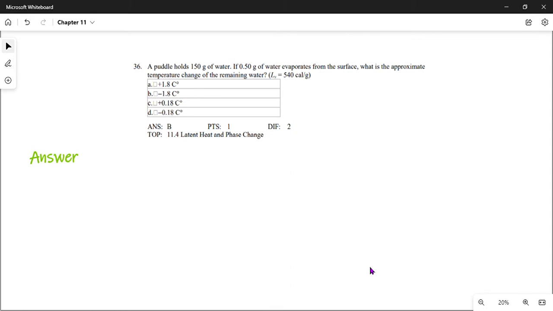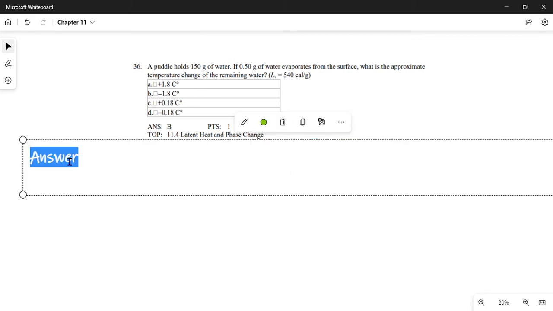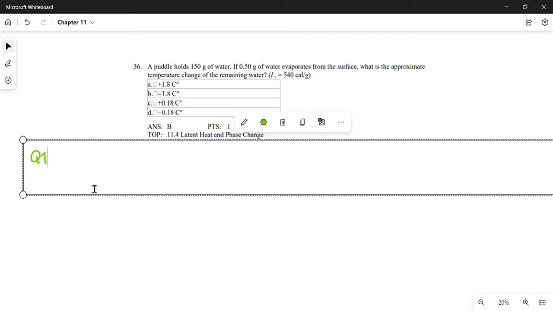Question number 36. Q1 here, which is the energy that is required to evaporate 0.5 gram of water, equals m, which is 0.5, times LF, which is 540, equals 270 calories.